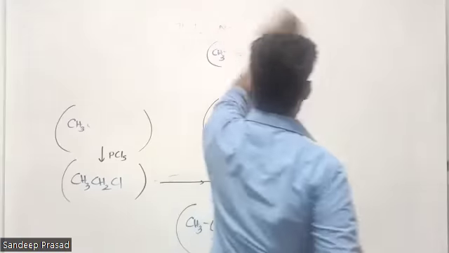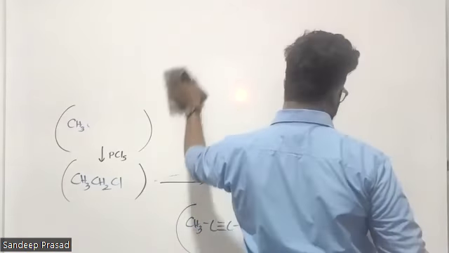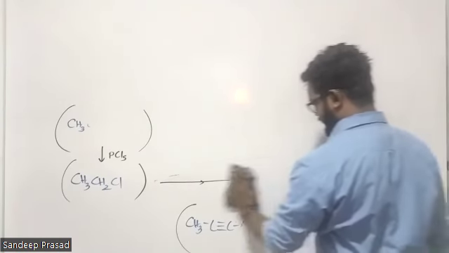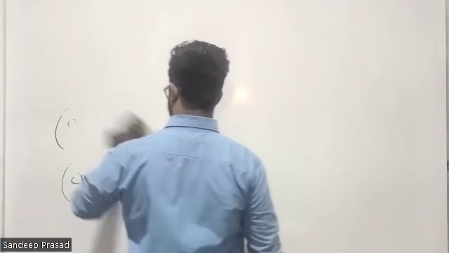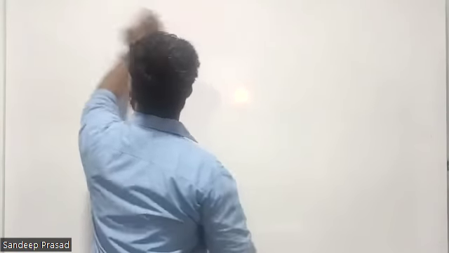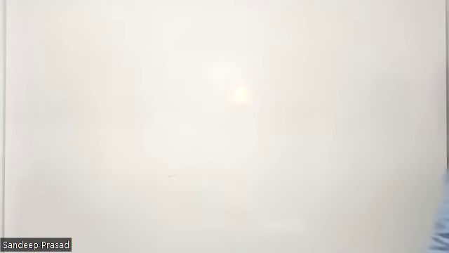Special conversion reaction number 5. Right. This reaction is very, very important. We have already discussed this reaction in theory under the Zaitsev rule. Can you remember? The poor gets poorer, that rule.